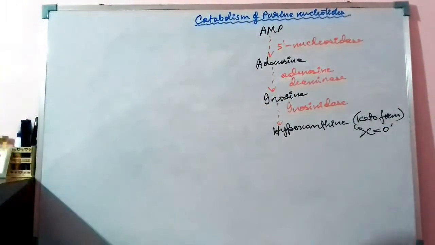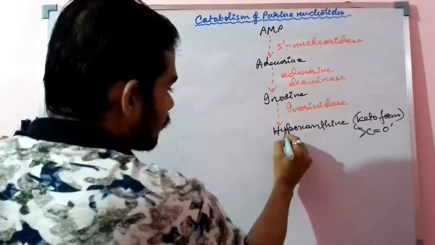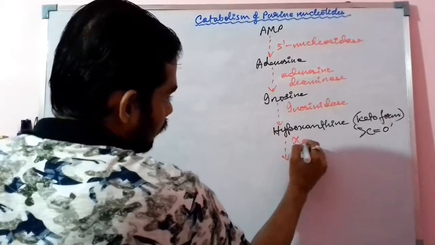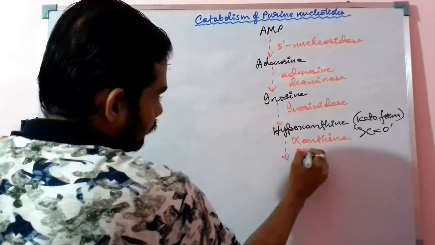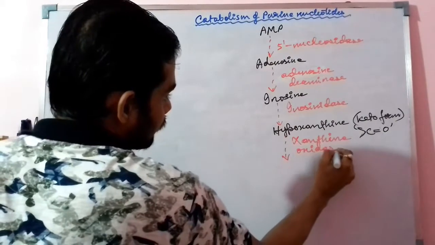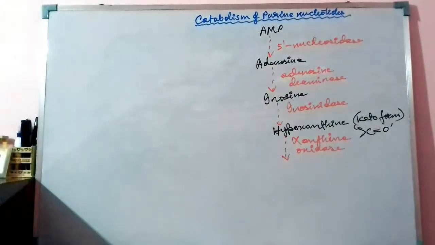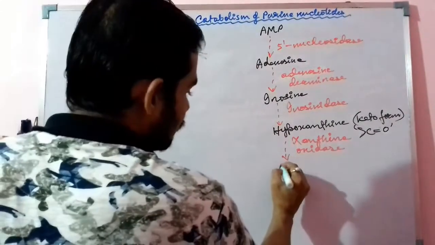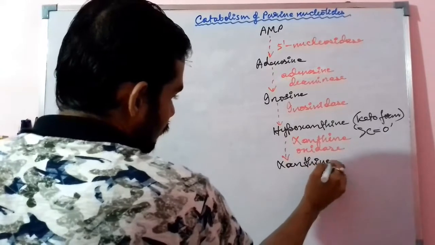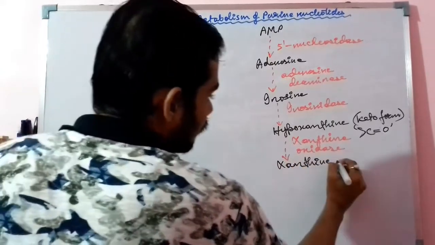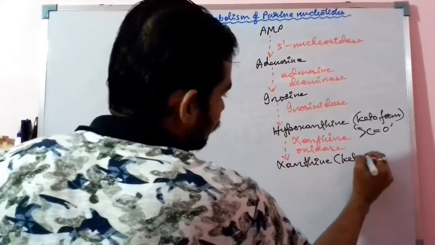Now this hypoxanthine, in the presence of xanthine oxidase, an enzyme, helps in the formation of xanthine, keto form. Okay.